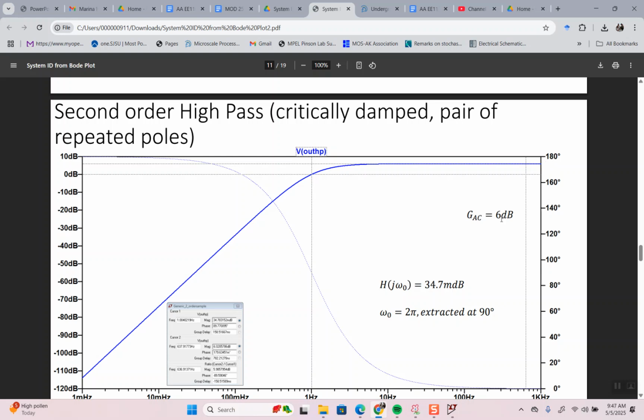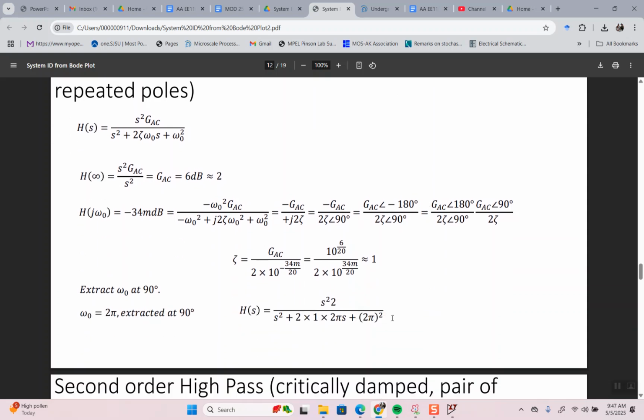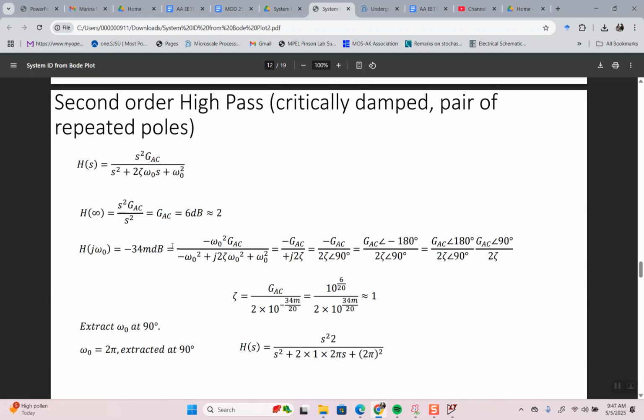The gain at j omega naught is very close to 0, right? So when you just plug everything in, the high frequency gain is about 2 at 34 millidBs, right? We get a damping ratio of about 1, right? And then you get the equation there.